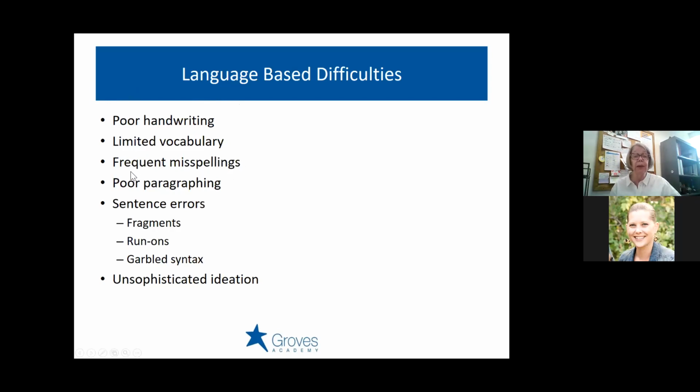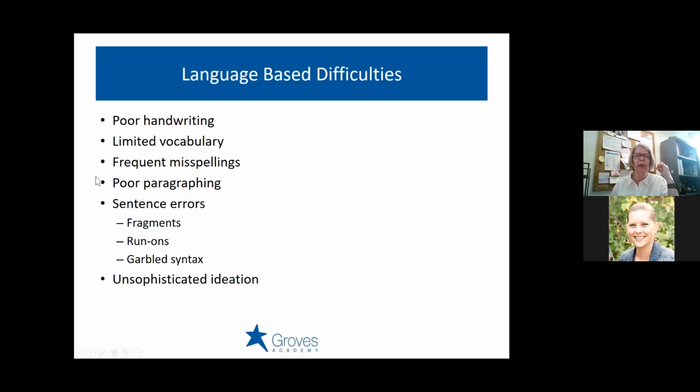Spelling, frequent misspellings, especially if the misspellings don't have clear association with sounds. So if the misspellings basically get the sounds right but the letters wrong, oftentimes spell check is more likely to get it. But without that, it can be just very frustrating.